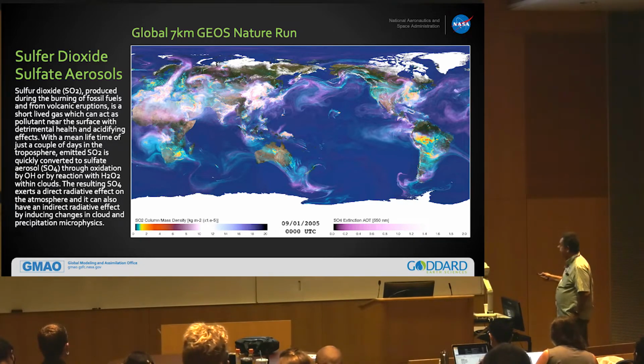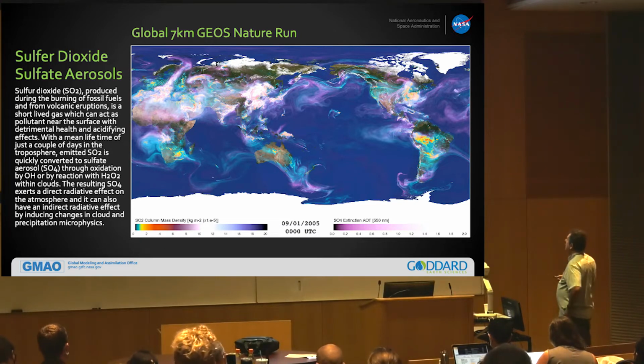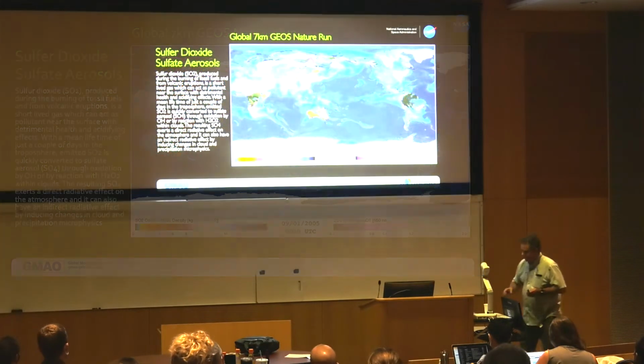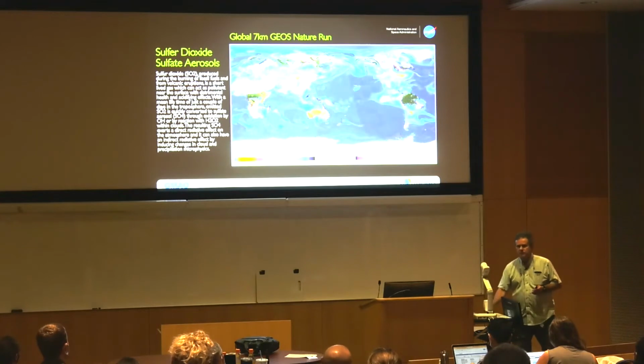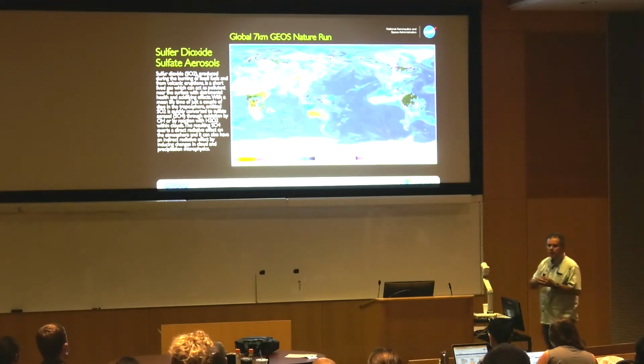This rainbow color is the SO2, which is the gas, the direct emission. And as they get transformed, you can see at the tail of those plumes, you have the SO4 extinction. So it's important for being cloud condensation nuclei, affecting the brightness of clouds and all of those microphysical processes.